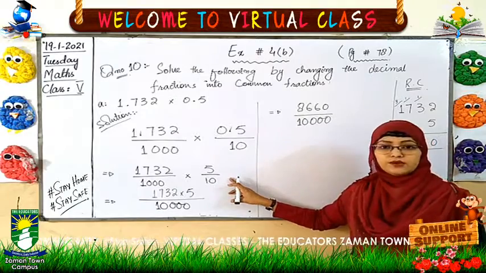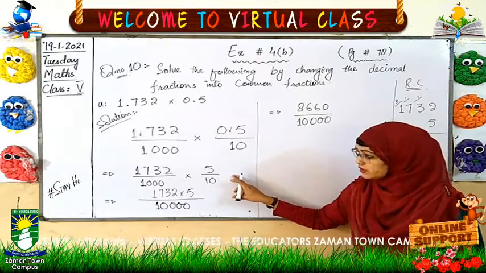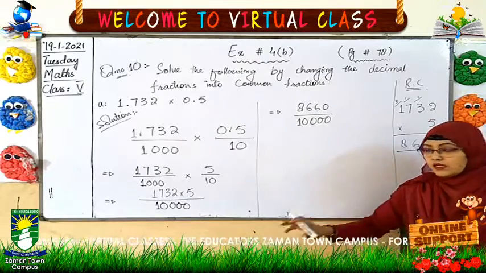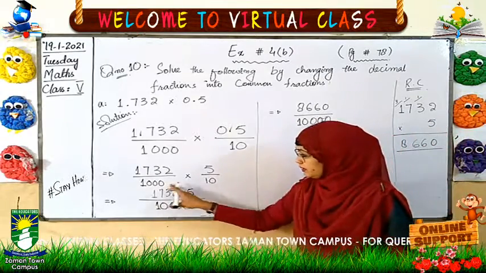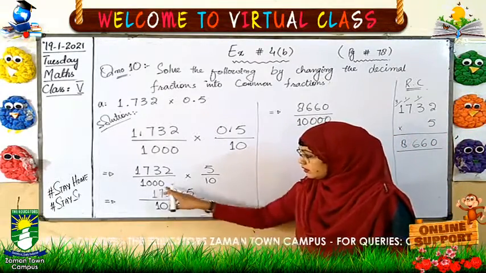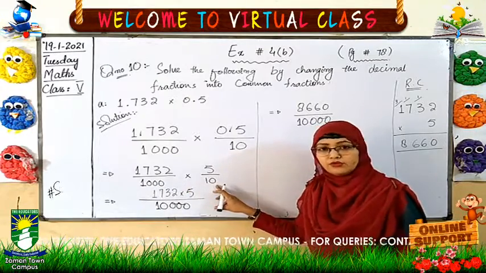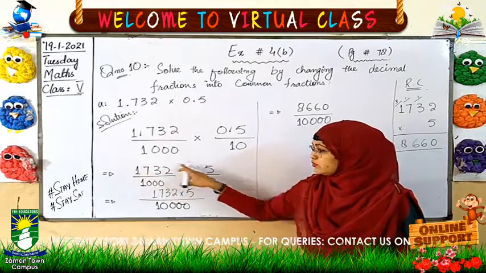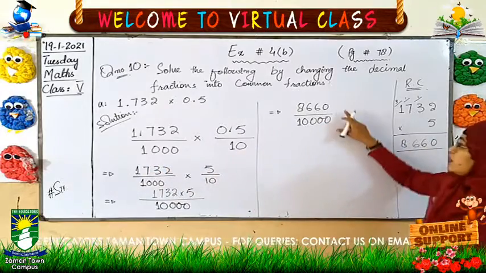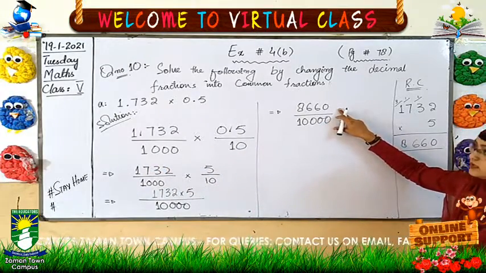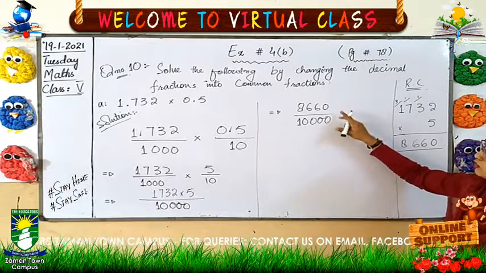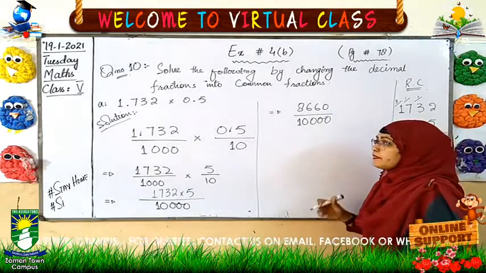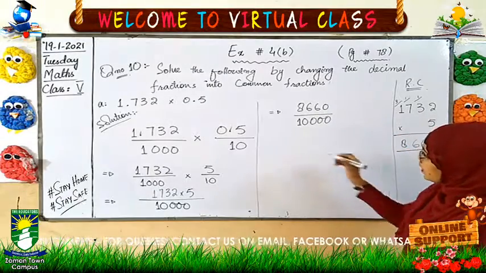Then we did multiplication, numerator by numerator and denominator by denominator. 1000 multiplied by 10 gives 10,000 and 1732 multiplied by 5 gives 8660. Now we have to convert this common fraction into a simple decimal fraction. So how do we convert?